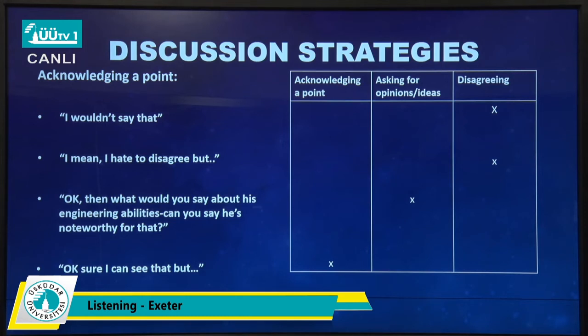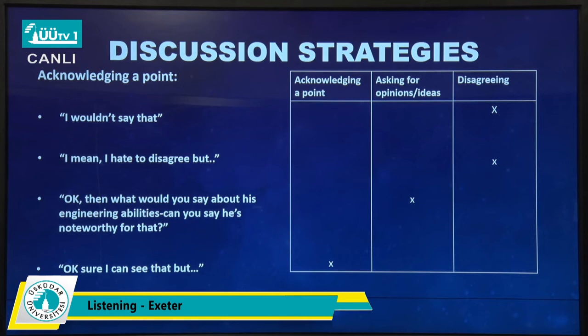Okay, and now what I mean by acknowledging a point is that when somebody says something and you disagree, there may be a part of that statement or idea that you agree with, maybe 50% of it. So you can say, okay, sure, I can see that, but, and you fill in the blanks, right? Let me give you an example.